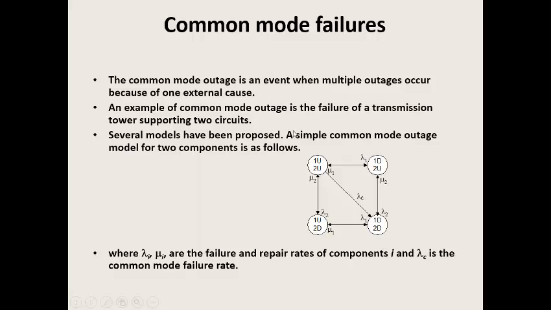So this is one of the models used for the common mode failures, where from here you can go directly to the two-stage tower. Now, although the common mode failure rate may be smaller than the normal failure rates of the transmission lines, the effect can be more serious. Now, this is only one of the models for the common mode failures, but there are many models which have been proposed for the common mode failures.